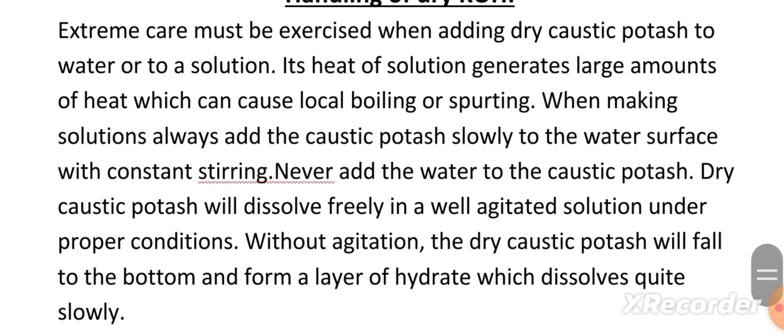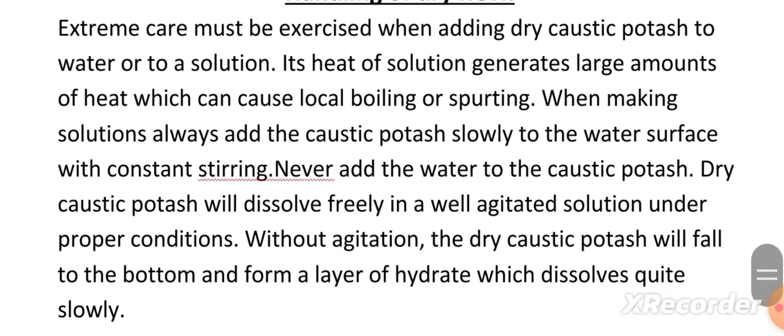Moving ahead, how we can handle dry caustic potash. Extreme care must be exercised when adding dry caustic potash to water or a solution. As we studied earlier, caustic potash is a highly reactive compound and it reacts violently and damages the surroundings.